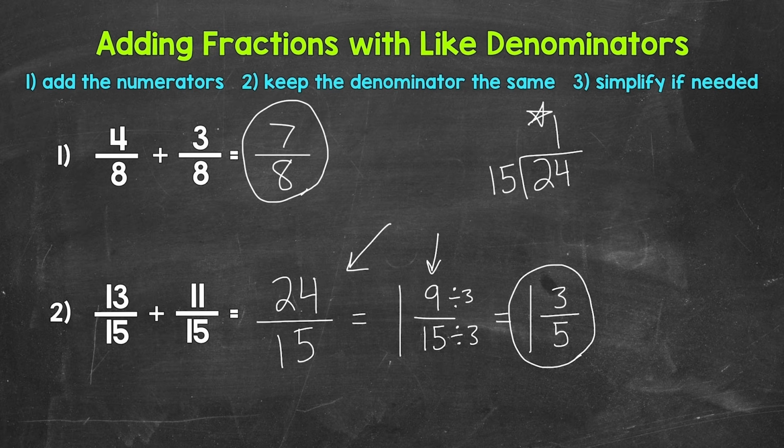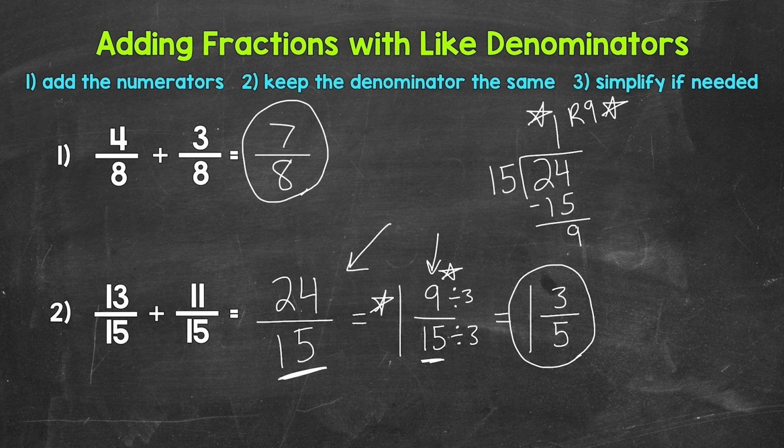And that 1 is our whole number of our mixed number. 1 times 15 is 15. 24 minus 15 gives us 9. So we get a remainder of 9. That remainder of 9 is the numerator of our fractional part of the mixed number. And then we keep that denominator of 15 the same.